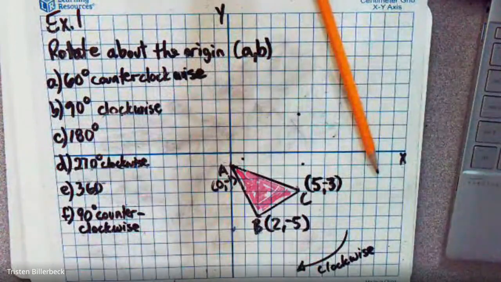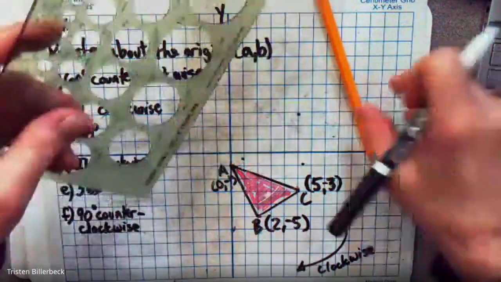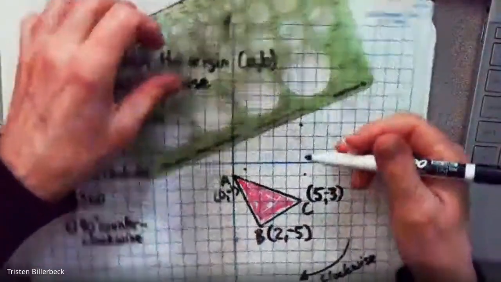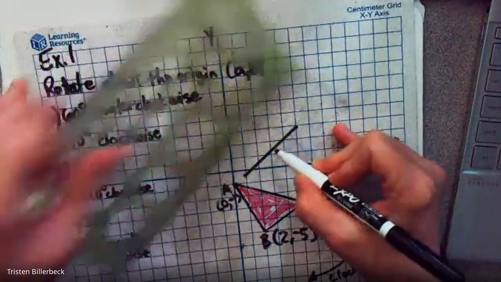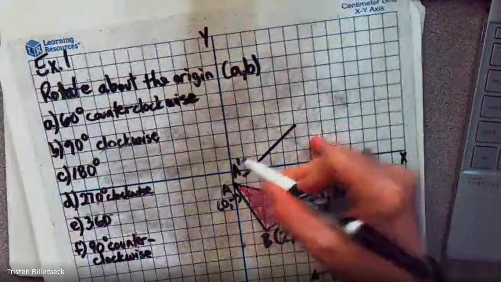I want to make sure I have a straight edge to do this, so you can grab anything you need for a straight edge. Here's mine. Then we take our straight edge. This is A prime.